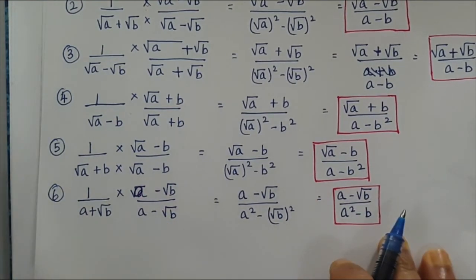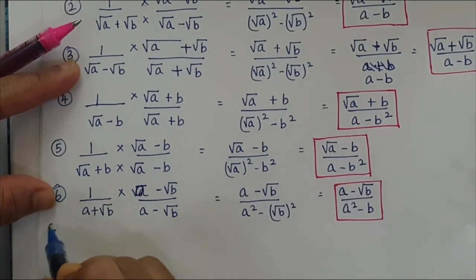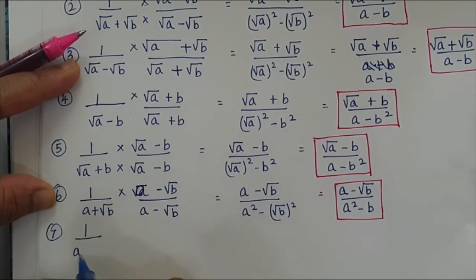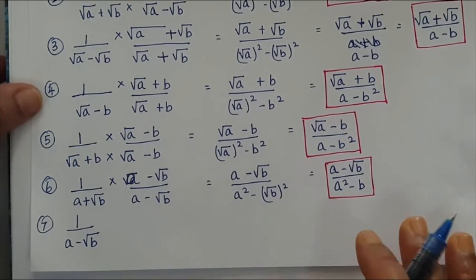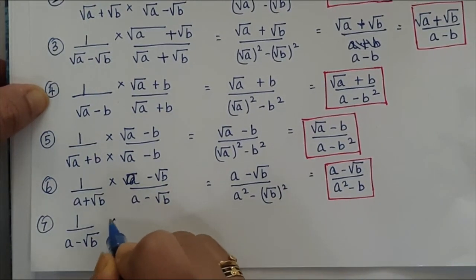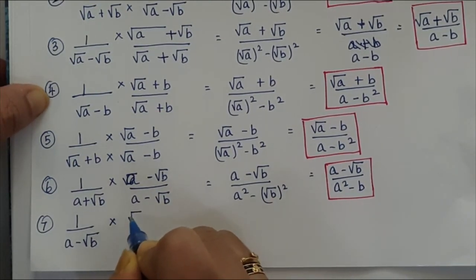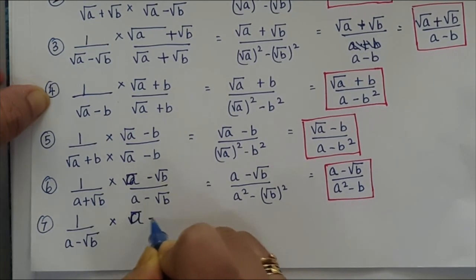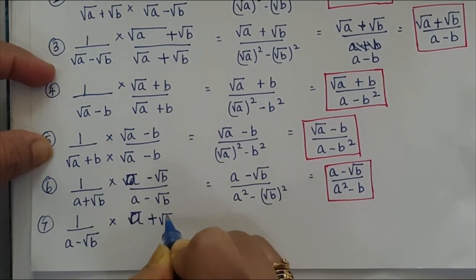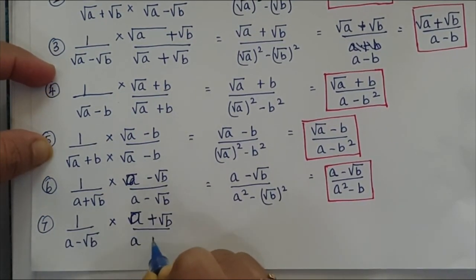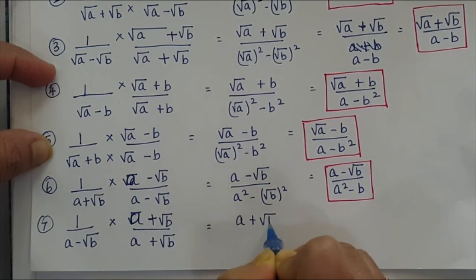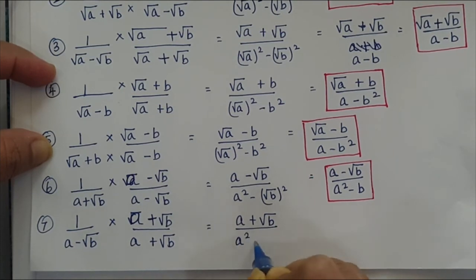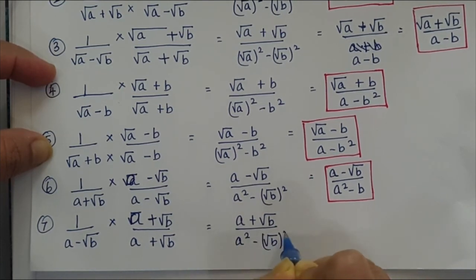Okay, the last one, seventh one: 1 by a minus square root of b. So we multiply by a plus square root of b by a plus square root of b, equal to a plus square root of b by a square minus square root of b the whole square.